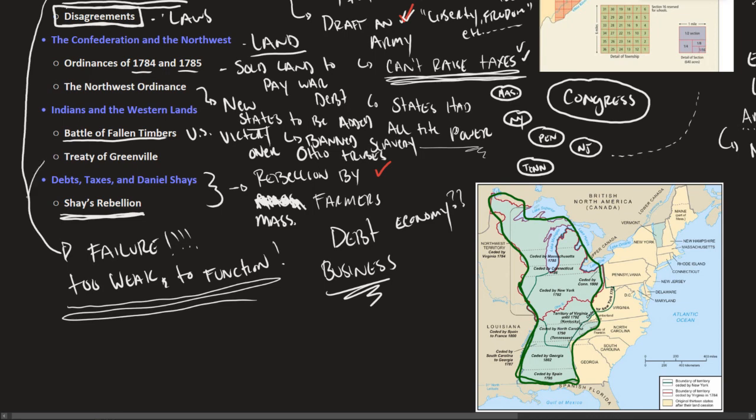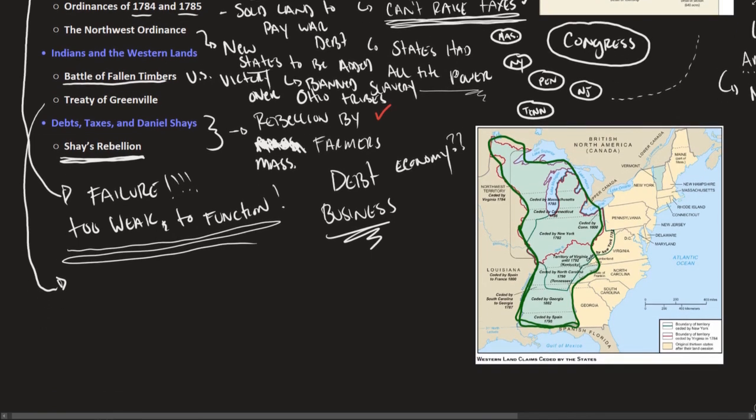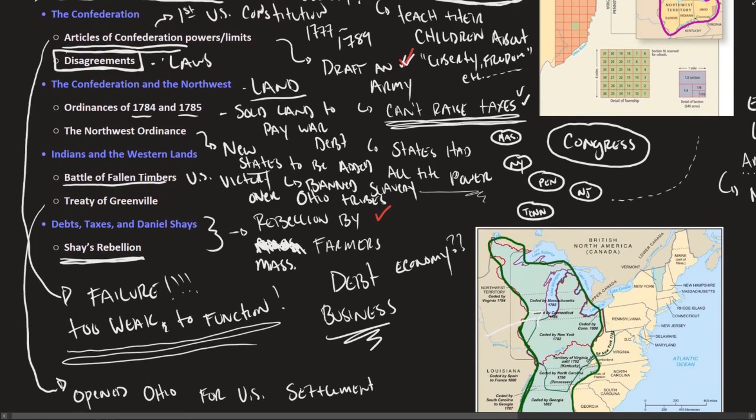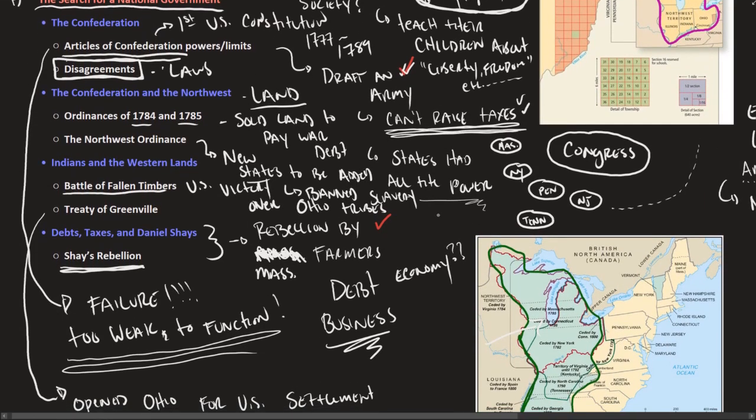And the Treaty of Greenville opened Ohio and generally just the Northwest Territory for U.S. settlement. So there's still conflict to be had there, but the United States did emerge victorious in that particular region.